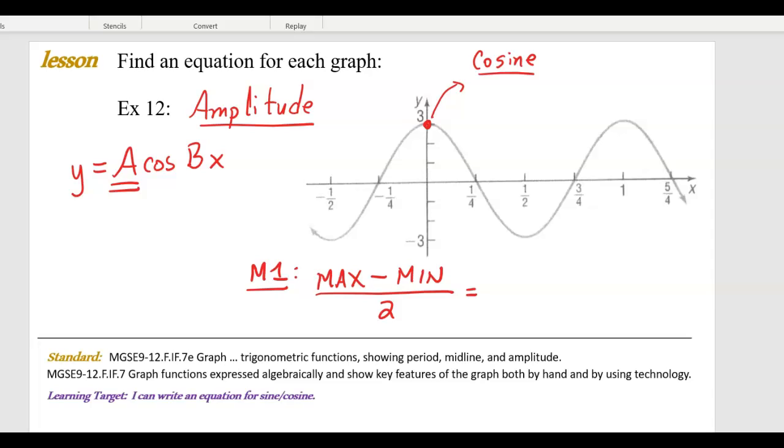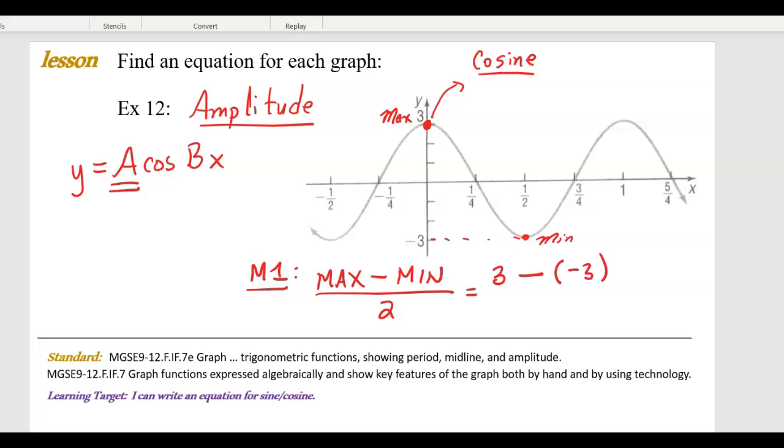So the max value is 3. The highest point on the curve has a y value of 3. The lowest point on the curve, the minimum value, is negative 3. So you can always find the amplitude given a graph by taking the max value minus the minimum value.